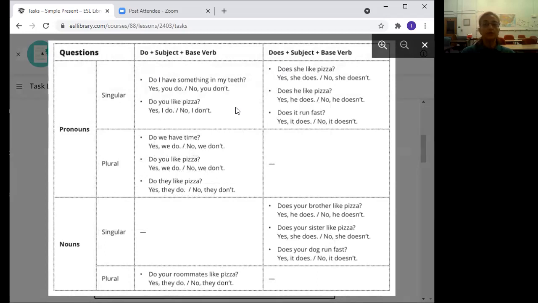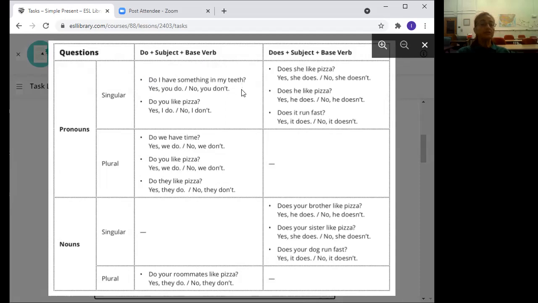in English. And in this case, you have to put the helping verb before the subject. So if, for example, your sentence is, I have something in my teeth, right? I is your subject. So if you want to ask a question, you want to add the verb do before the subject. Do I have something in my teeth?